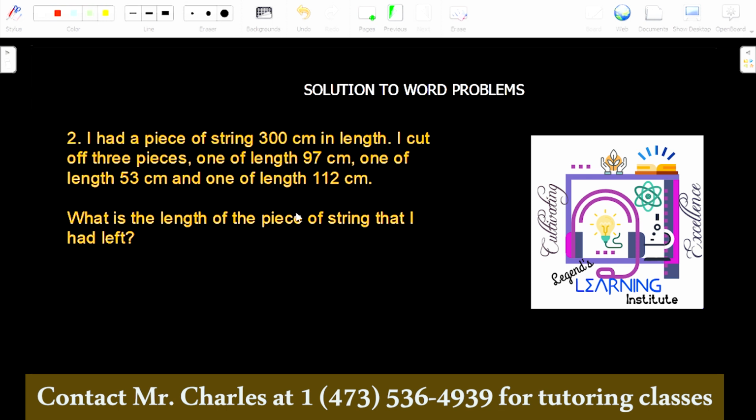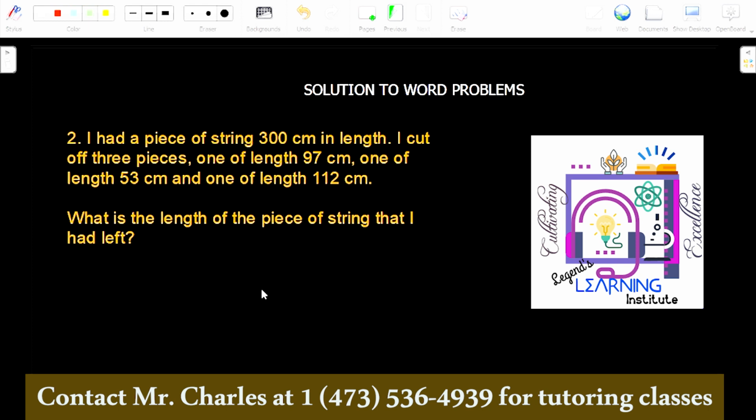Let us look at question number 2. It says I had a piece of string 300 centimeters in length. I cut off 3 pieces, one of length 97 centimeters, one of length 53 centimeters, and one of length 112 centimeters. What is the length of the piece of string that I had left?